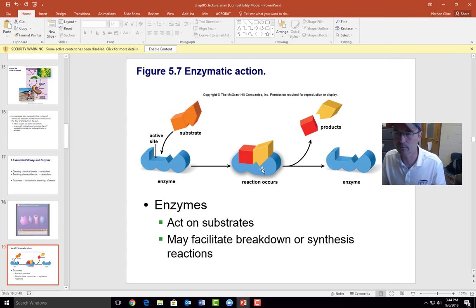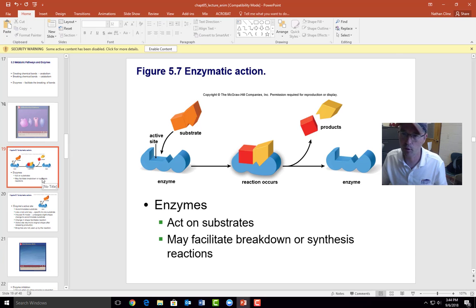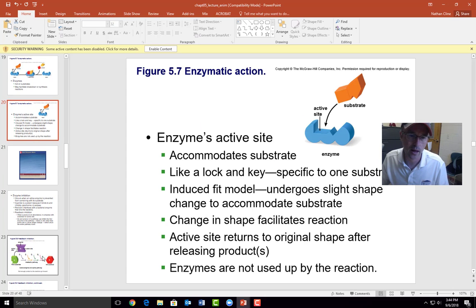And so that's what enzymes do. They assist in the breaking of those chemical bonds in order for chemical reactions to take place. And as a result, they speed up chemical reactions really fast.